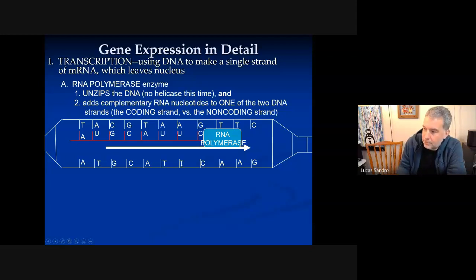The one that's not being used is called the non-coding strand. Notice we're matching bases just like we're used to, except for that exception that RNA has, where wherever there would be a T if it was DNA, there's a U for uracil instead of thymine.